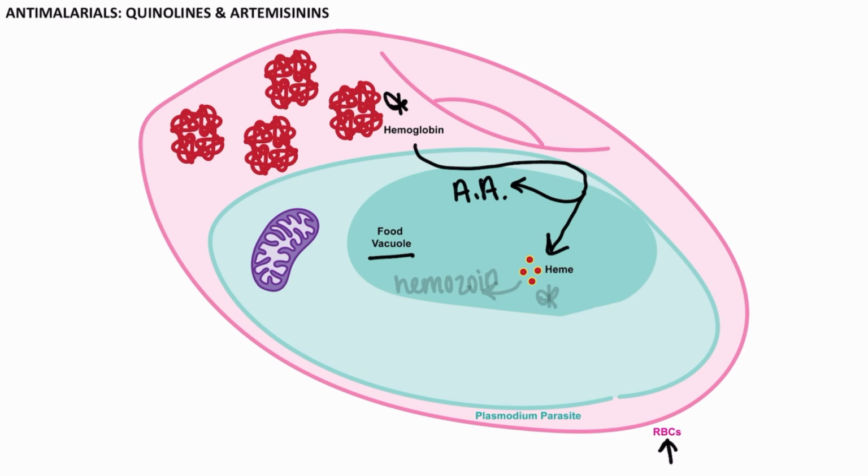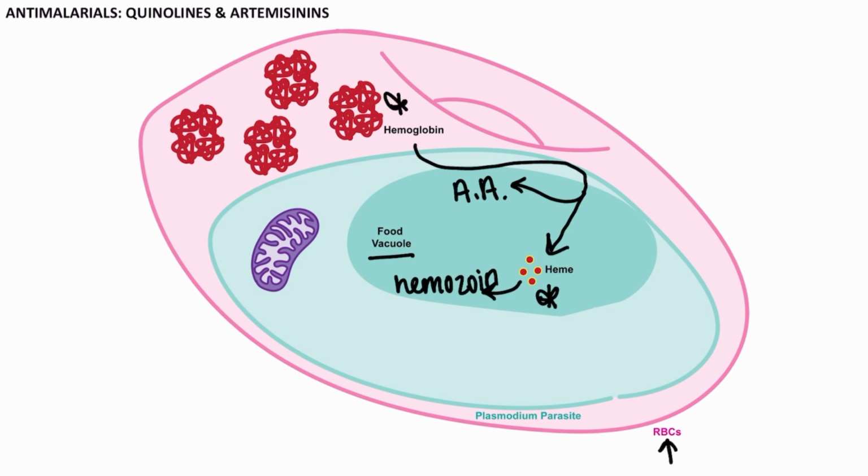But this also generates heme, which is highly toxic to the parasites. So they have a built-in way to convert this heme into an insoluble, chemically inert hemozoin. And ultimately, there's no harm, no foul. They can continue to metabolize that hemoglobin and continue that replication cycle. So moving to the next slide.